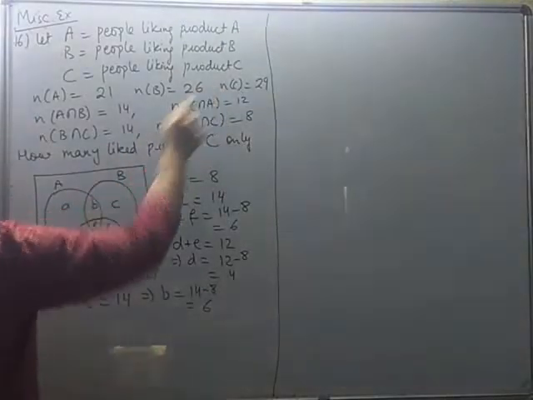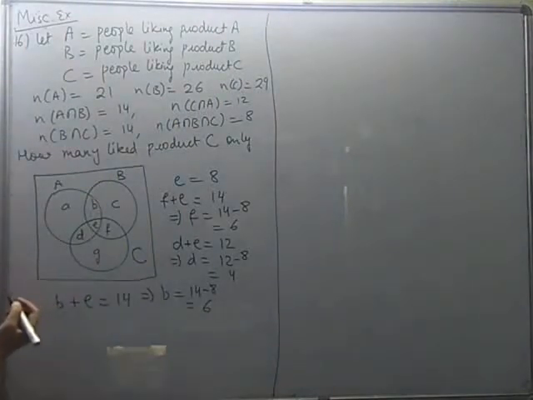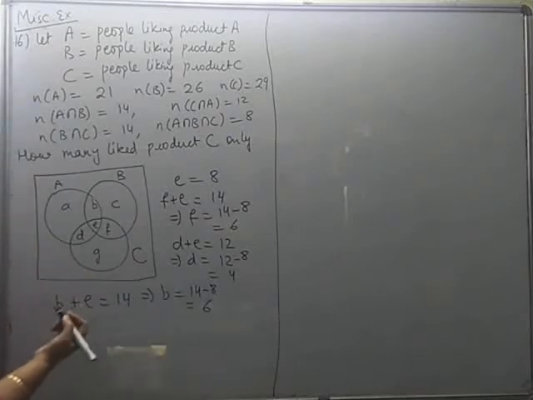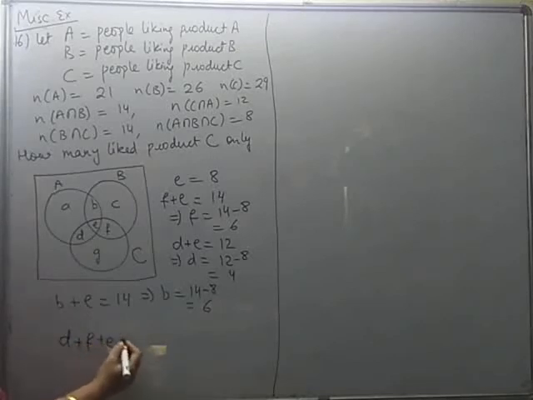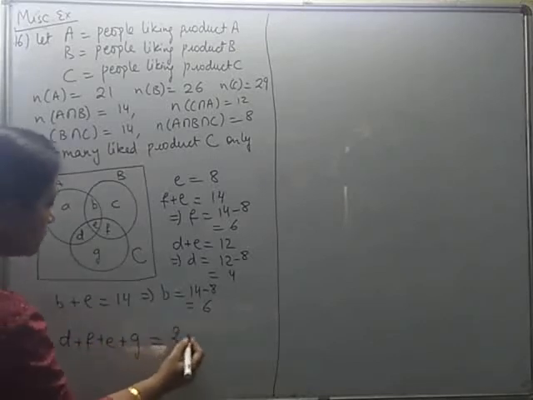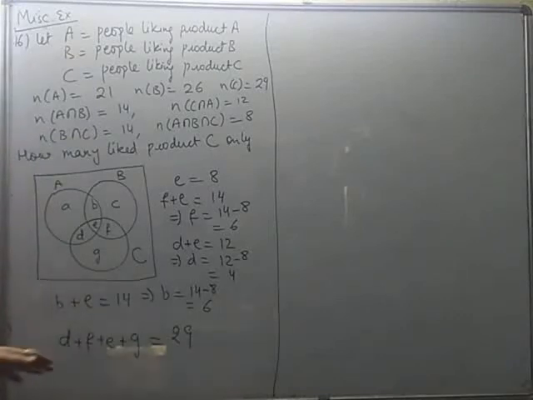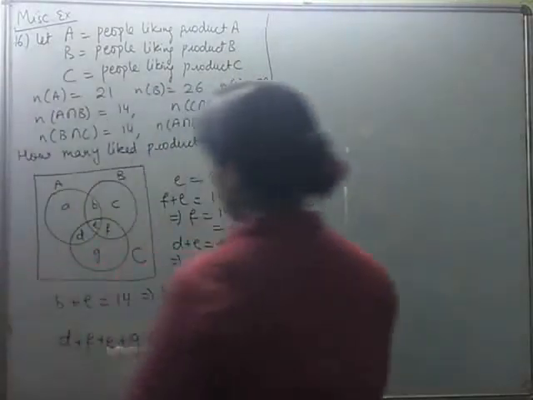Then moving on to the number of people in C. That is how much? 29. Let us quickly look at the figure and see which part is denoting people in the region C. It is d plus f plus e plus g. This is equal to 29. Whichever values are known to you can be substituted and the unknown can be evaluated.